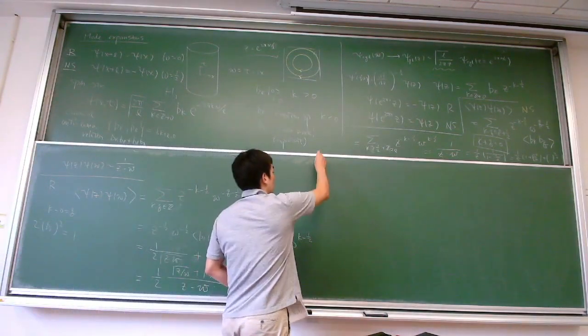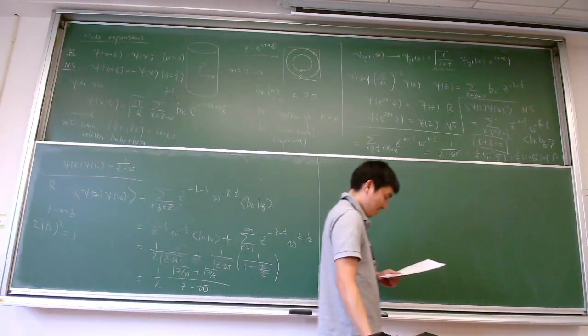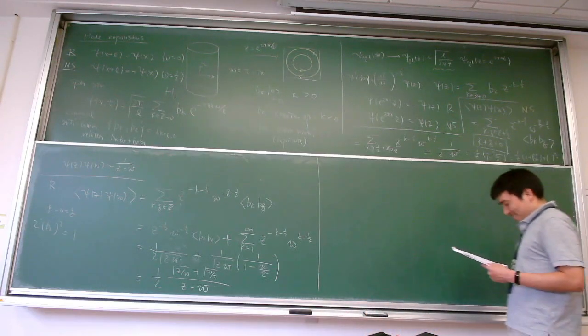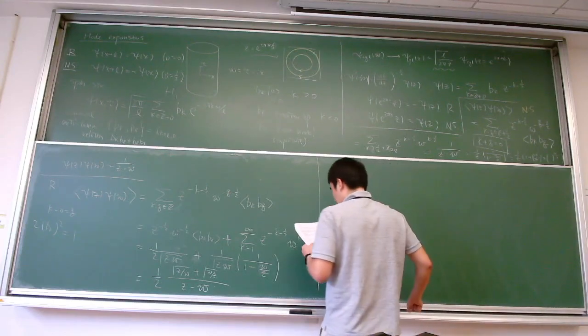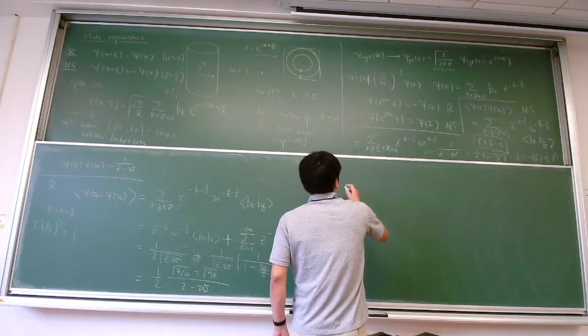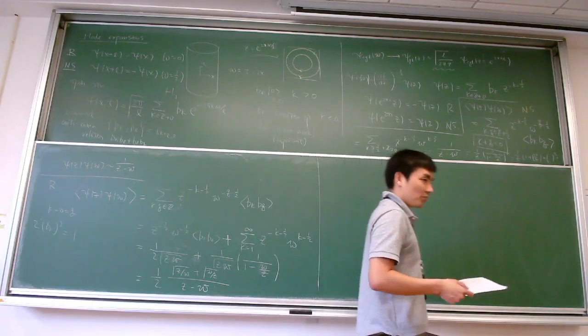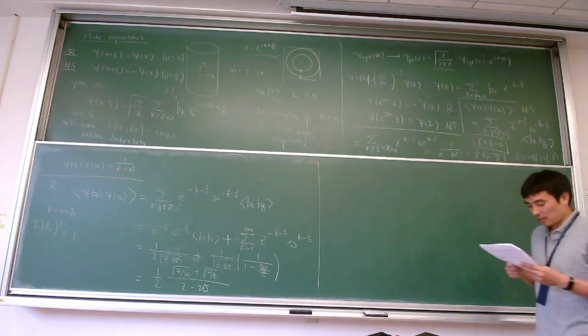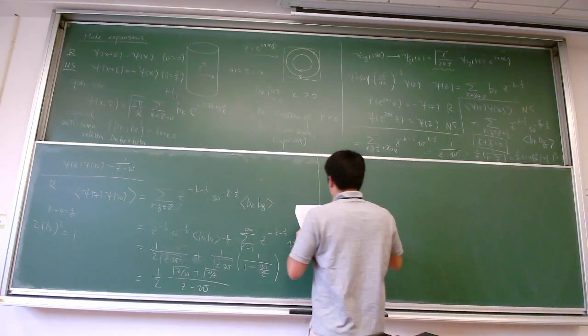And now we just try to compute the Casimir energy or vacuum energy. Okay, which depends really on the boundary condition. So T of z.